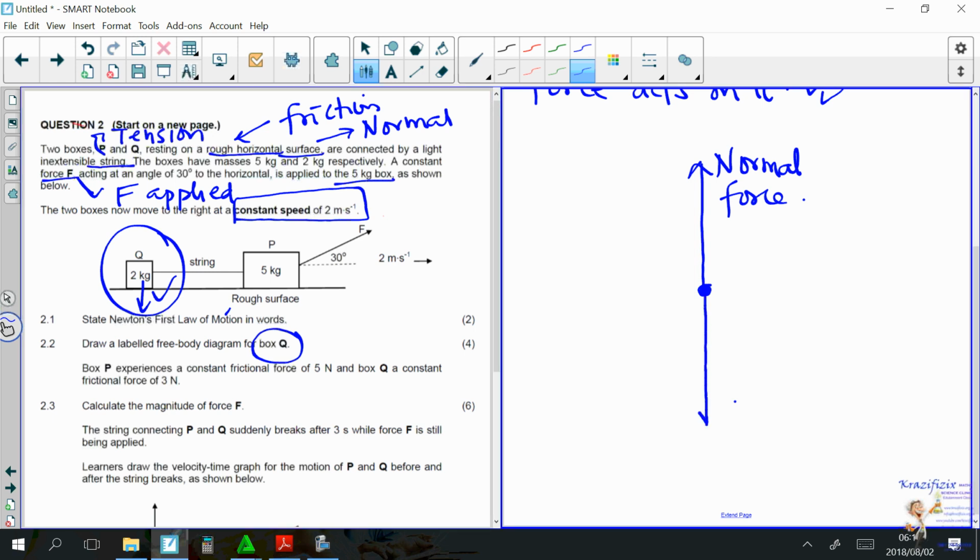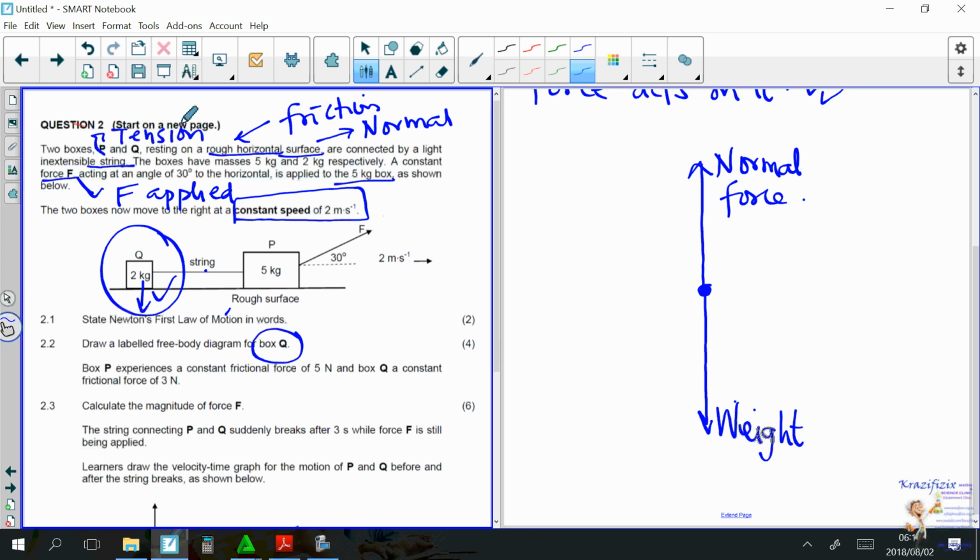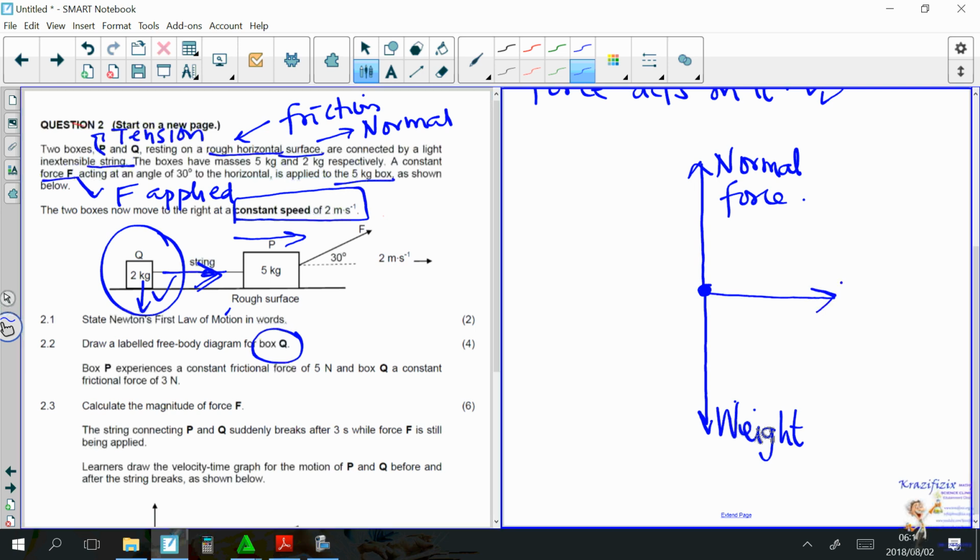All right, so I am going to now call this my weight, or what you know as the force of gravity. Now there is a rope here, a string here, so we talk about what? Tension. And you would notice that P is actually pulling. So my force is this way. Q is being pulled. Do you see the arrow there? And with that, it's pulled with my tension.